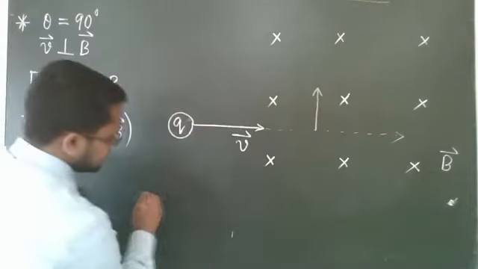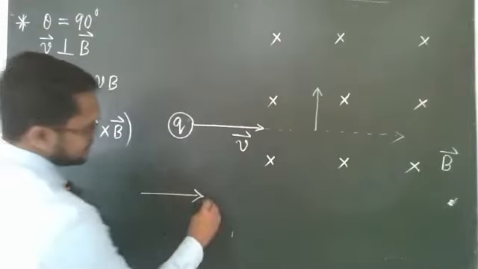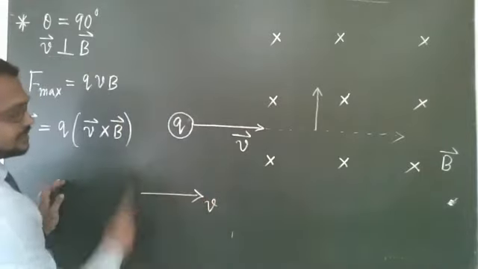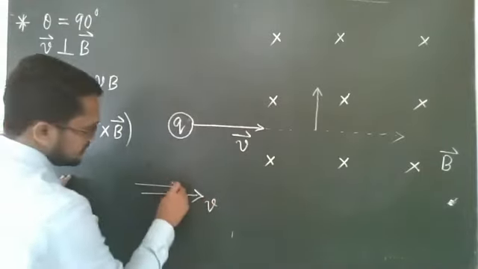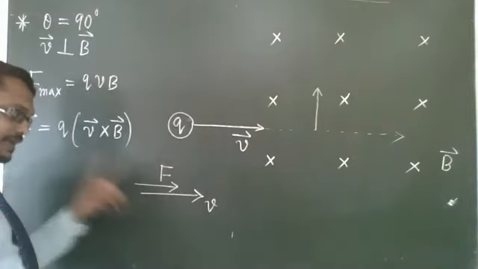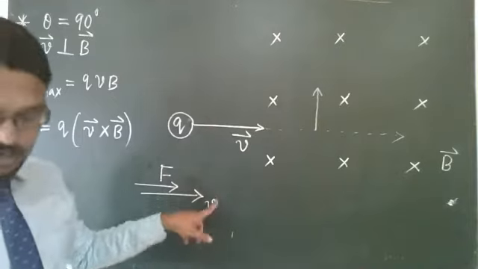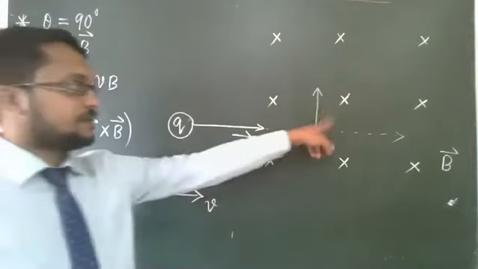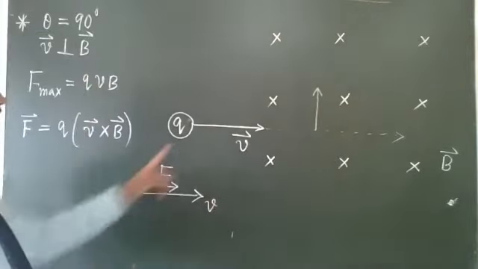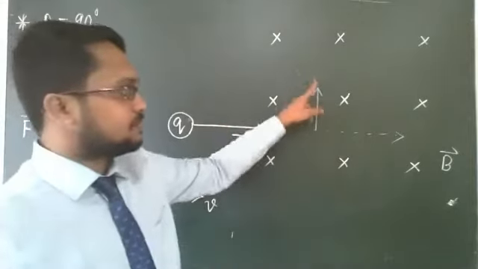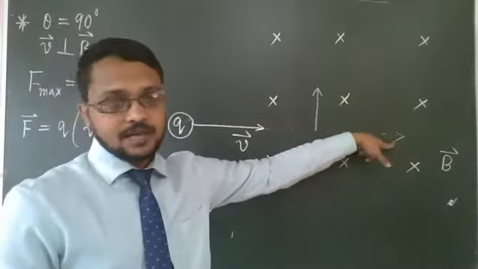If there is a component of force in the direction of its motion, in the same direction as the velocity, then only it will increase the magnitude of velocity. But here it is perpendicular, okay? So you will not get any component of this magnetic force in the direction of velocity.